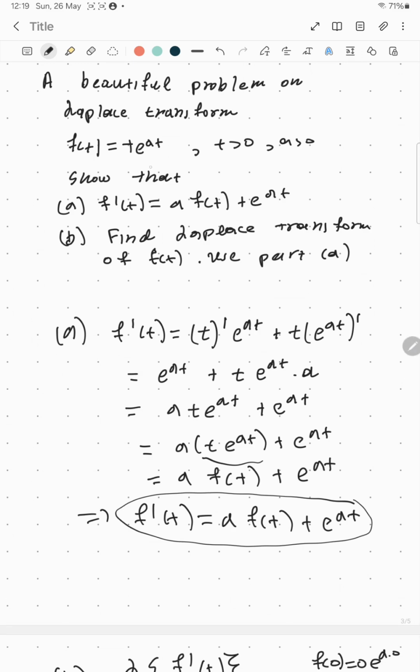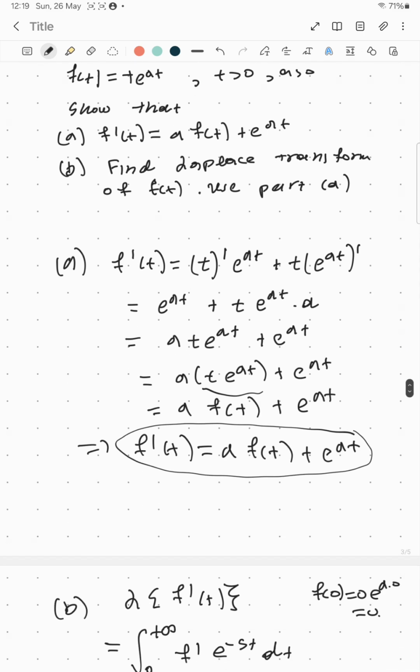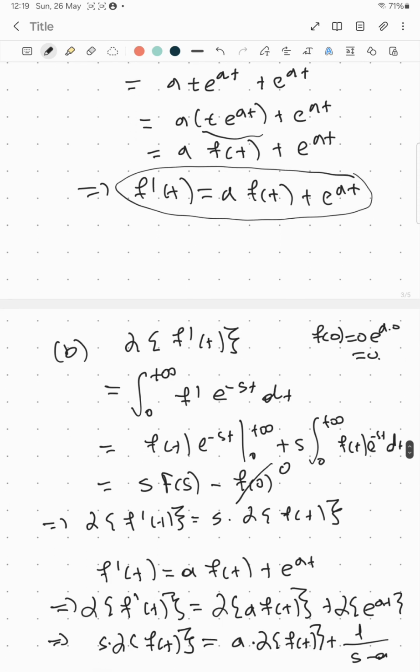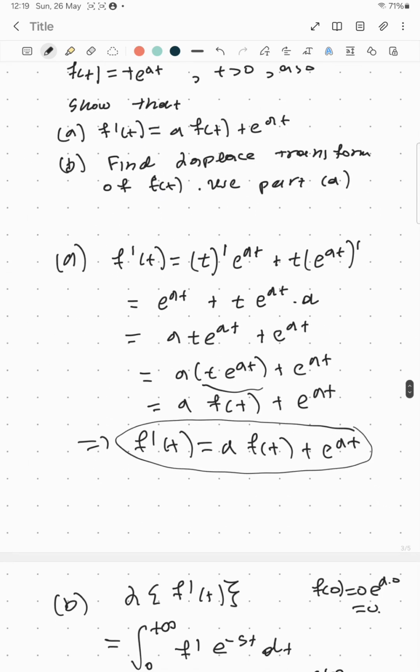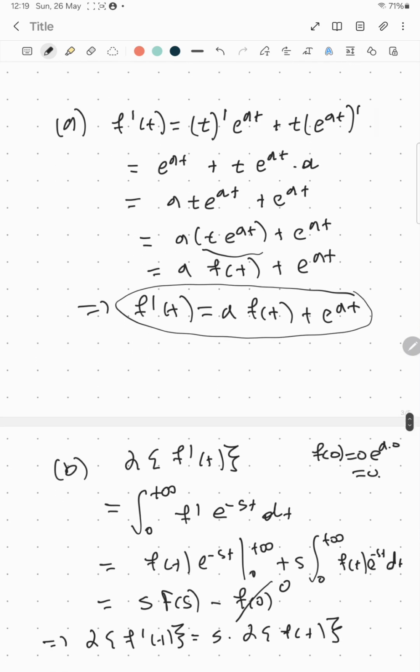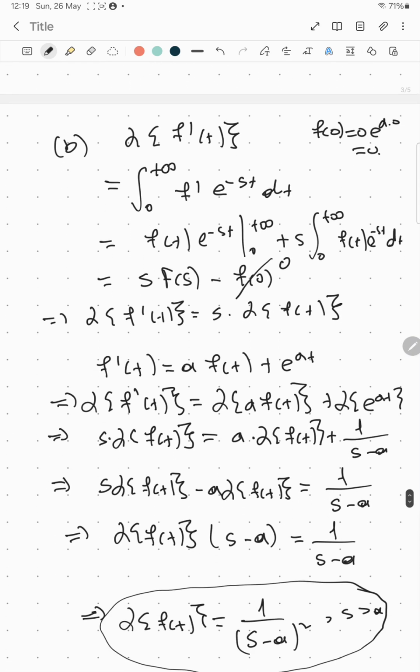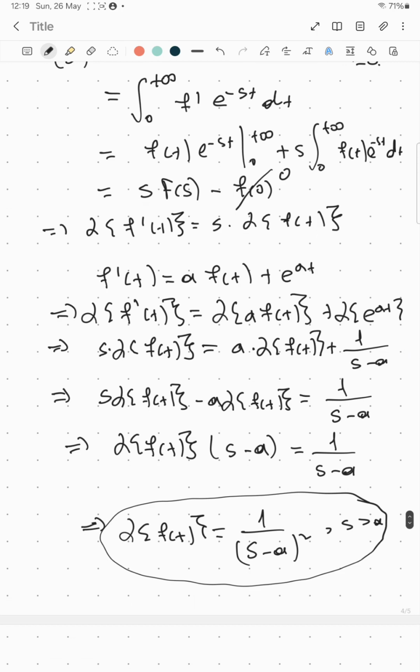We could find the Laplace transform of this function directly, but we would have to do integration by parts, whereas here is a more straightforward way. This approach, finding a functional relation and then using the Laplace transform, helps us to avoid using the integration by parts.